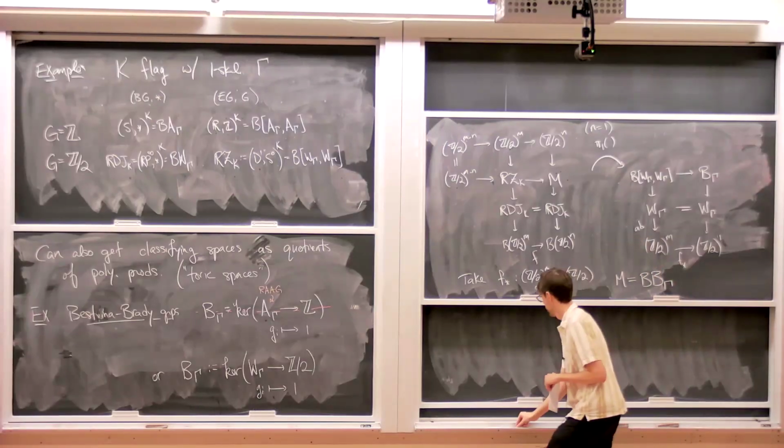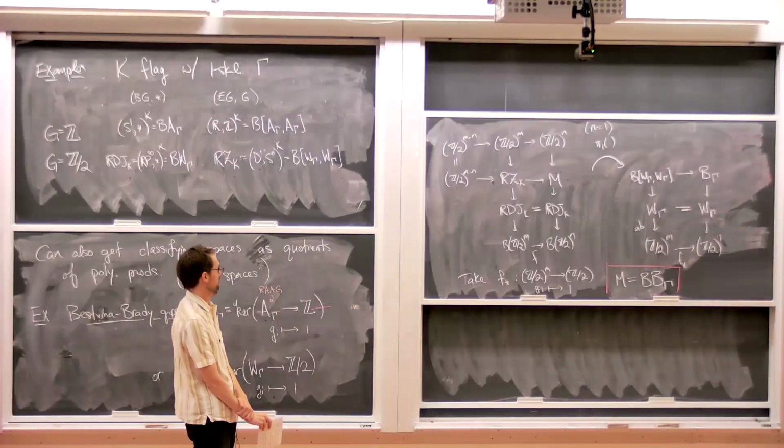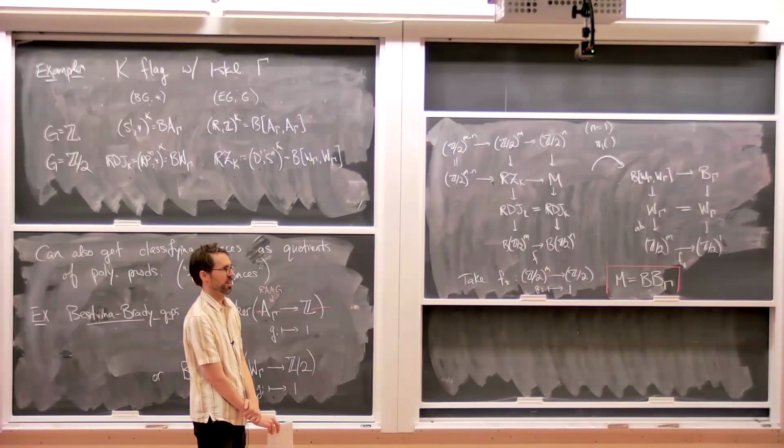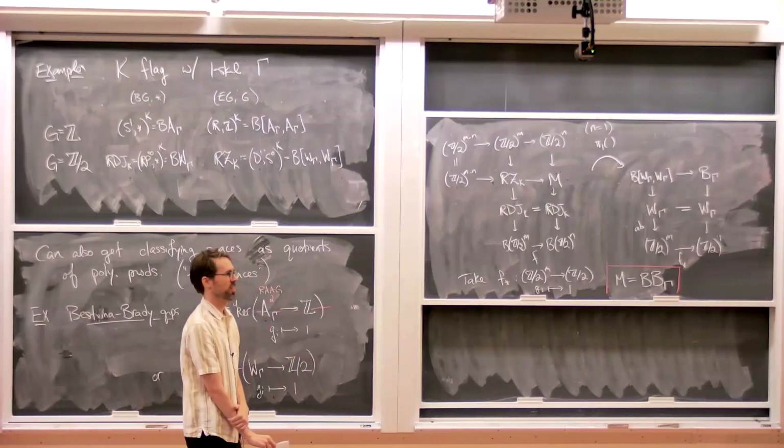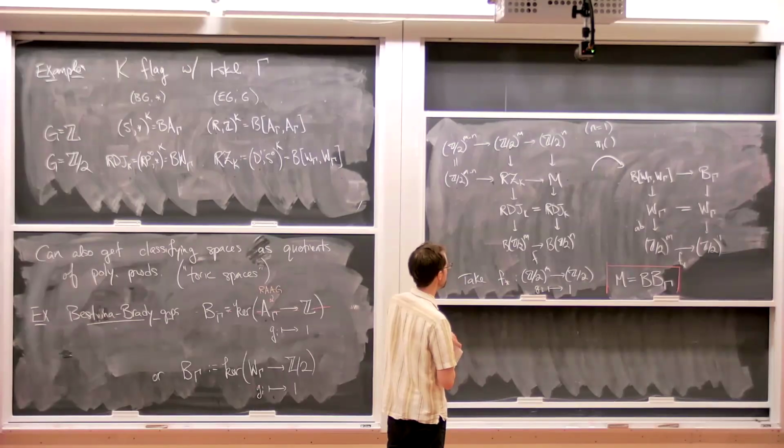Steve? Yes. Just a quick question. In your diagram on the right, your top left thing, the B of commutator, is that commutator in the subscript, or is it like we should...? Where am I missing a B?